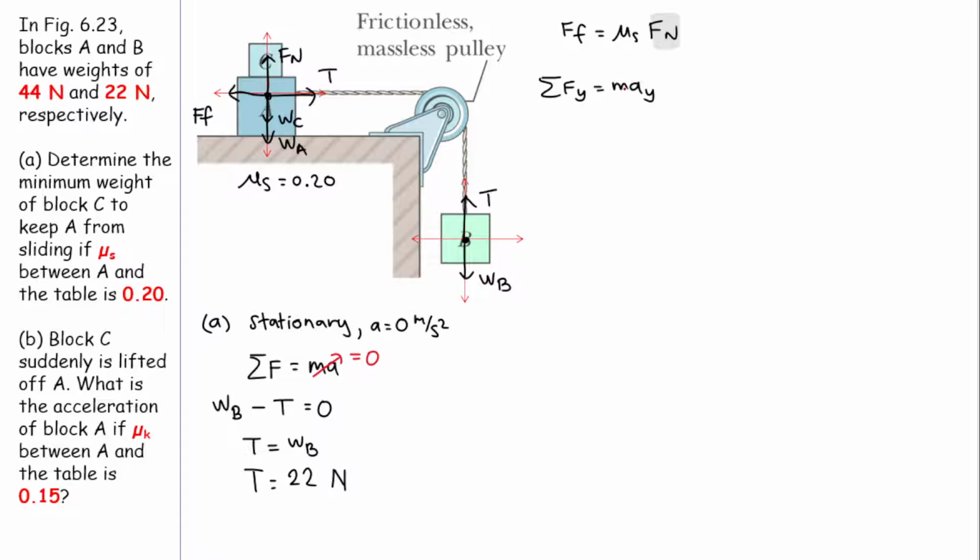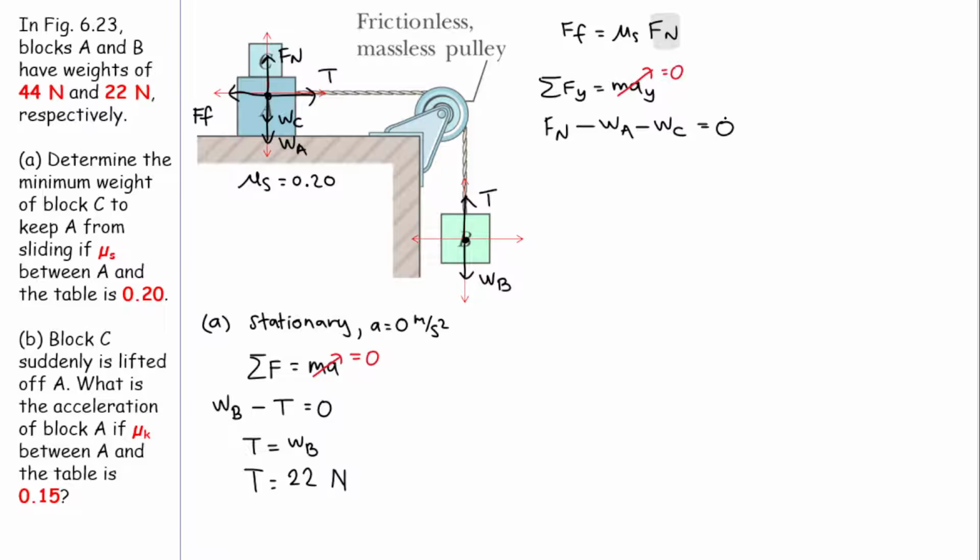But again, because they are stationary, this will equal 0. Now, the one that is positive is Fn. Then we need to subtract WA and WC. So I will have Fn minus WA, weight of A, then minus weight of C. That will equal 0.